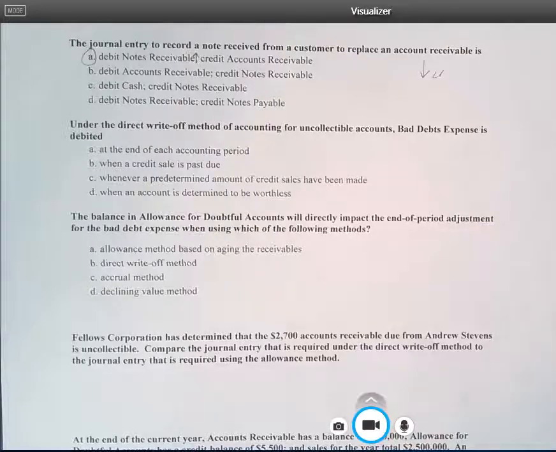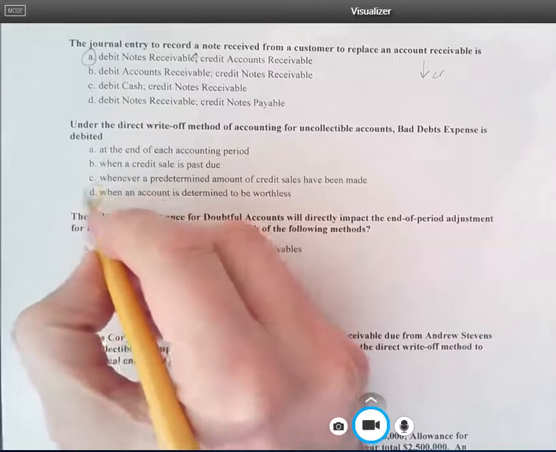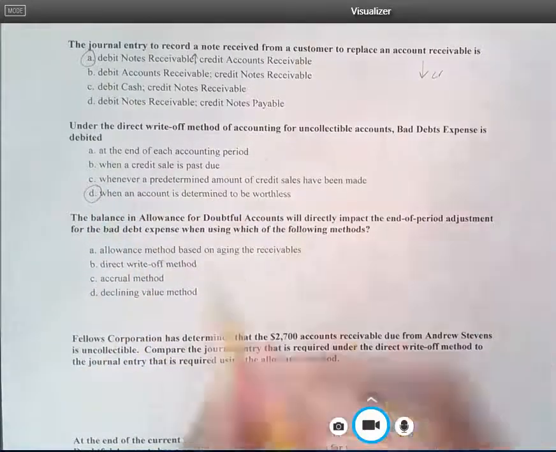And so we're just going to leave that amount alone until we find out for sure that we're not going to be getting our money. Okay, so if we think about it that way, our correct answer is going to be D.